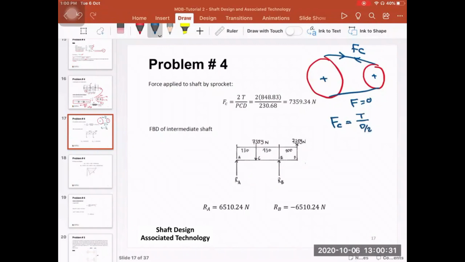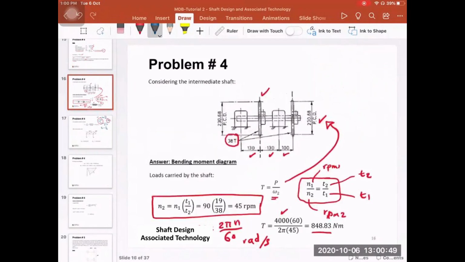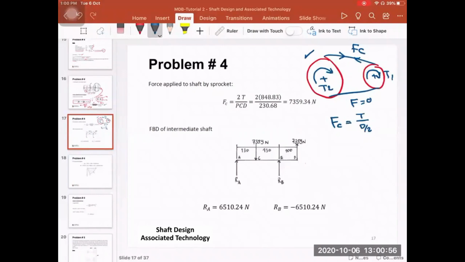So if this rotates in this direction, this is going to rotate in this direction. And then we have torque 1 here, we have torque 2 here. On this sprocket, we have already found the torque, which I called torque 2. So the torque 2 over the diameter divided by 2 gives you 2 multiplied by the torque over the pitch center diameter of this particular sprocket.